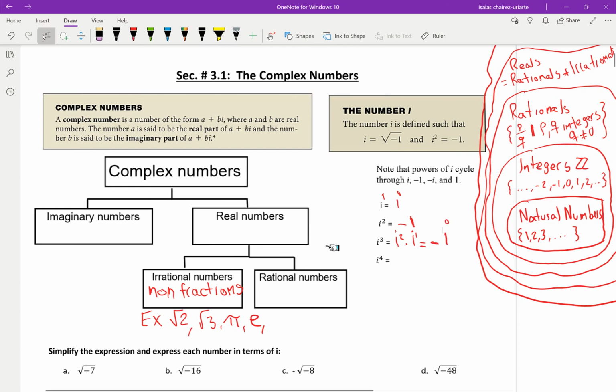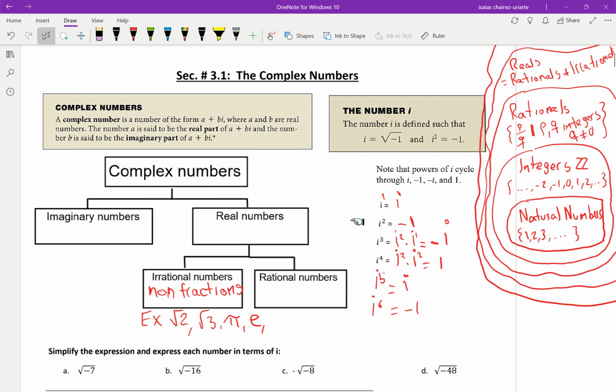i to the fourth. I could do a similar trick to figure out i to the fourth. i to the fourth is just i squared times i squared, and that's -1 times -1, so that becomes 1. And now i to the fifth turns out is the same thing as i to the first, so i to the fifth goes back to i. i to the sixth turns out is the same thing as i squared, so it's -1.